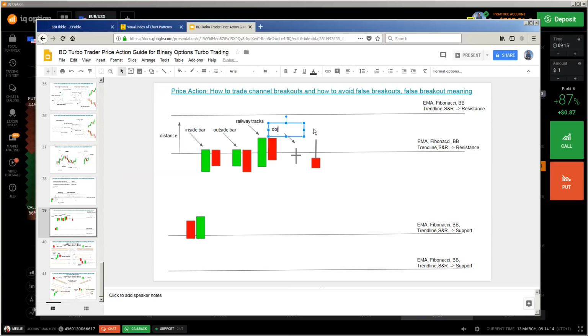I write only doji here, and here I mean only weak candles, not only doji, but hammer and weak candles. I have to name it right because at the end, when you see something like this, you understand why you trade.